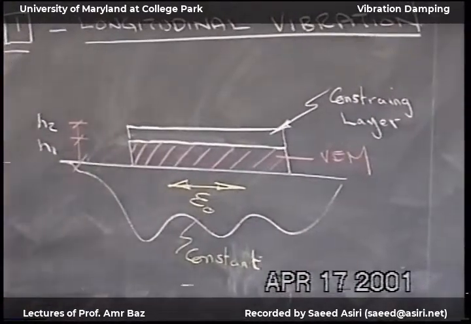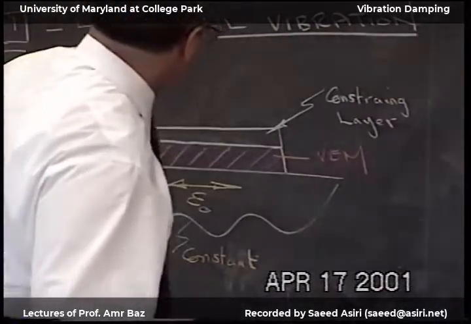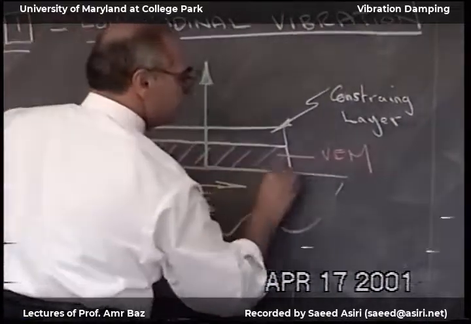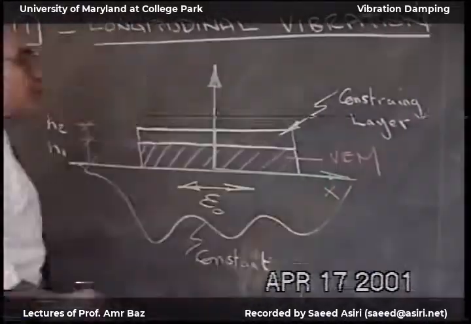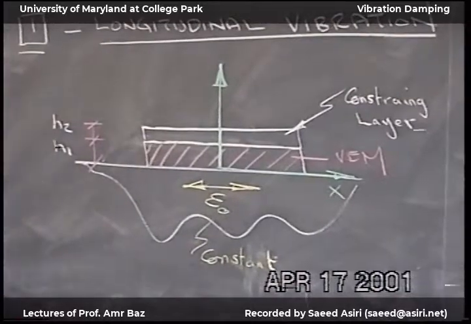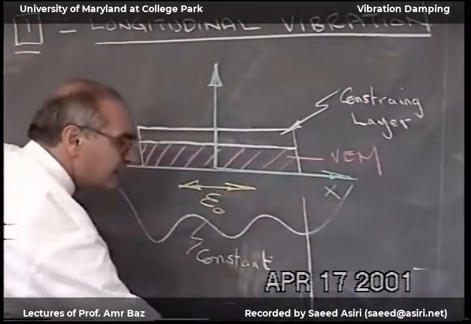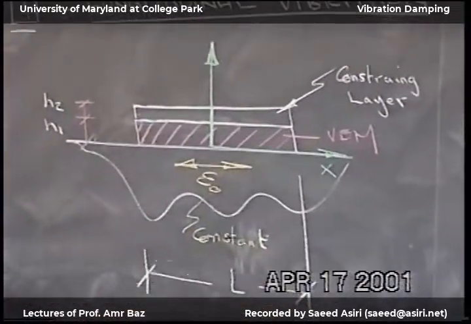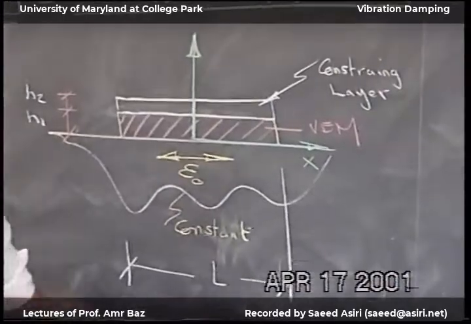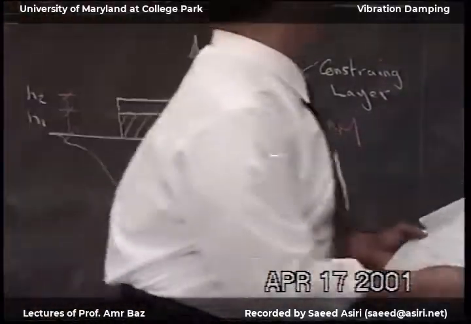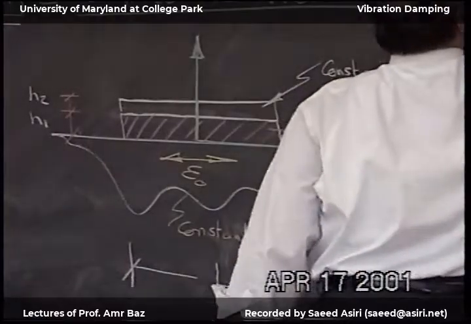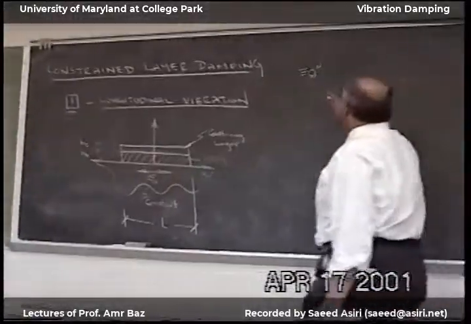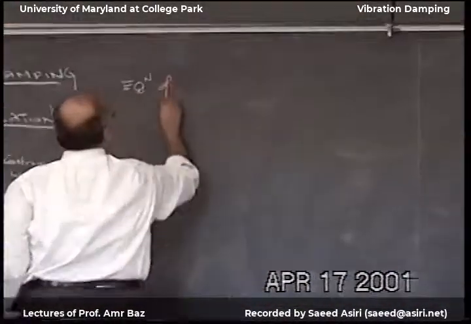And put the coordinate system in the middle of the constraining layer. We wrote down the equation of motion, and we neglected the inertia of the constraining layer, and we call this equation of static or quasi-static equilibrium.